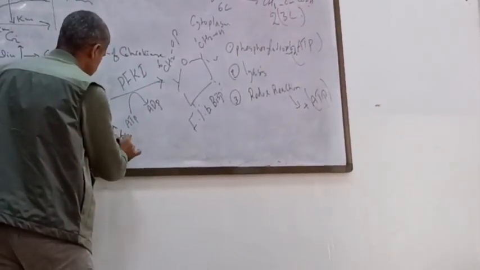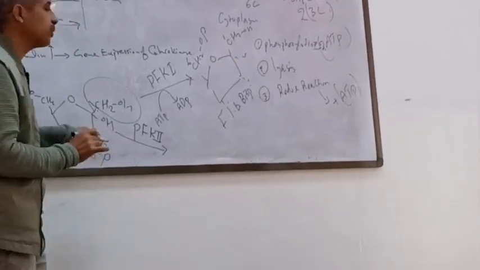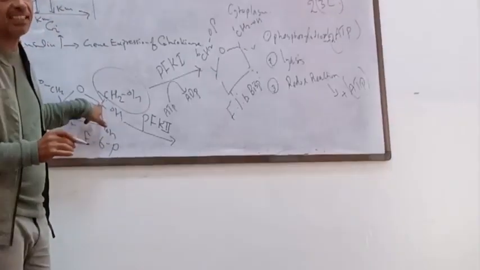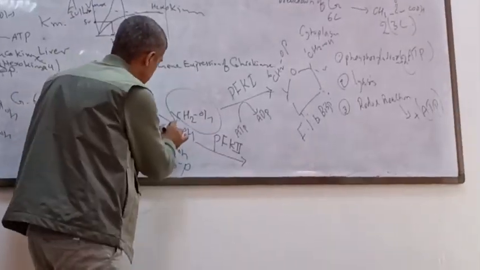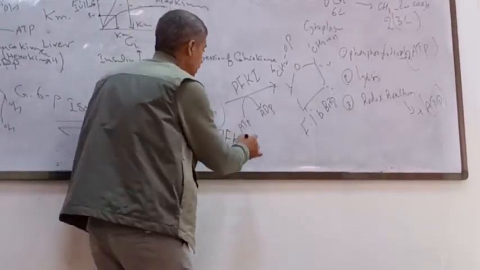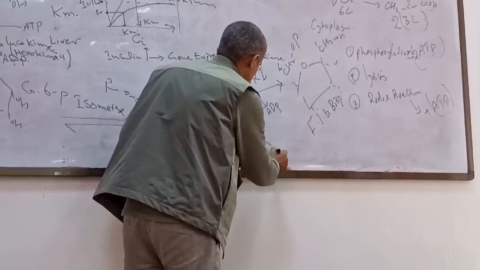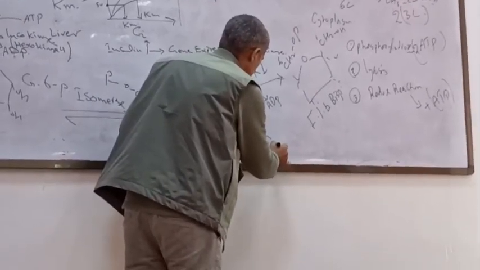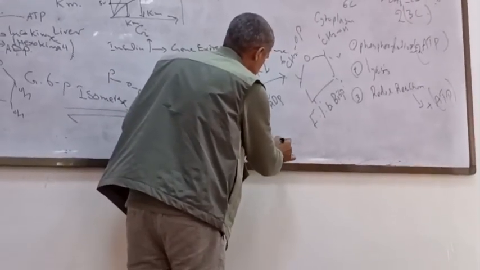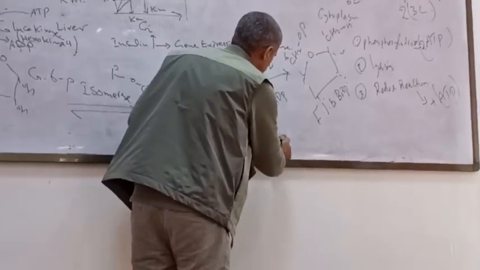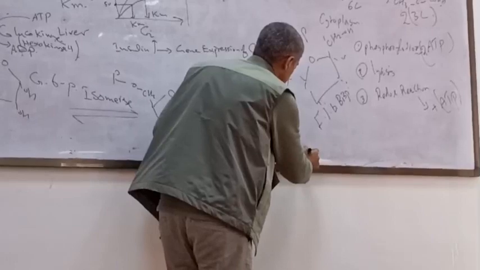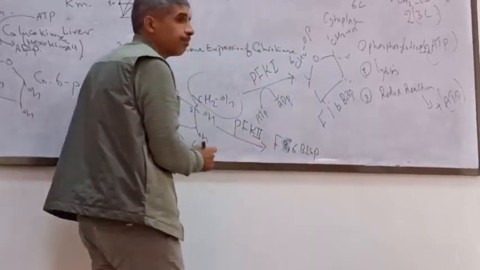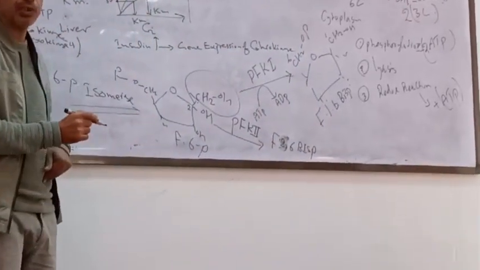Phosphofructokinase 2 can phosphorylate at the secondary alcohol, carbon 2, giving fructose 2,6-bisphosphate.